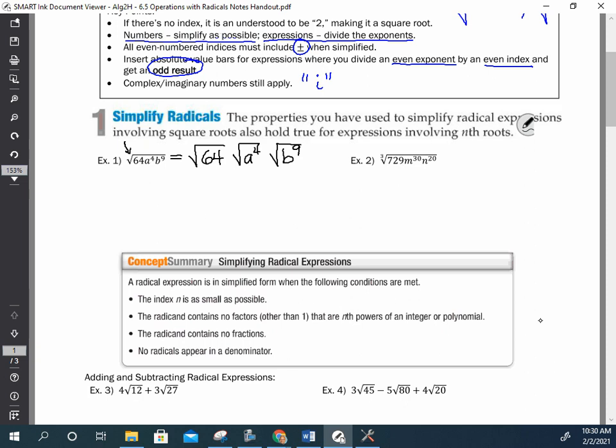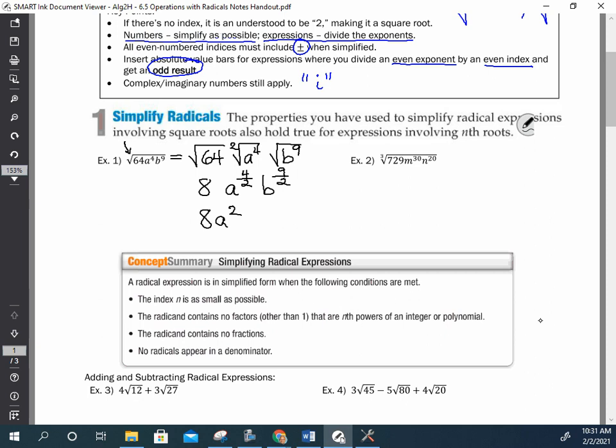Square root of 64 is 8. Since it's a square root, for the variables, exponent divided by the index, exponent divided by the index. 4 divided by 2 is 2. So you have 8a squared.